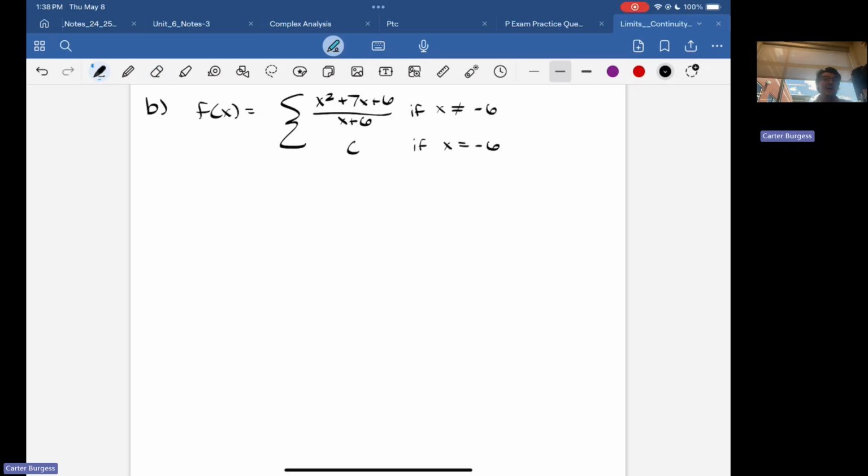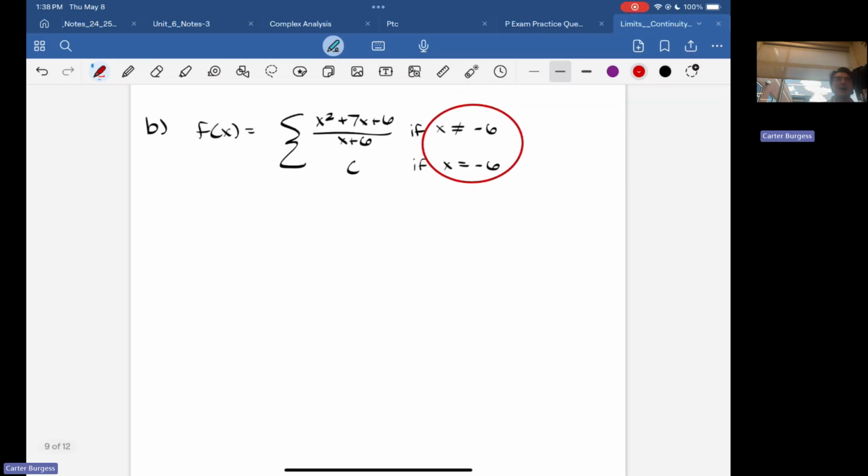And again, I am asking for a demonstration of continuity everywhere, not just at negative 6. Certainly we are interested in demonstrating continuity at negative 6. That's probably going to be the interesting point here, the one that will require some math.